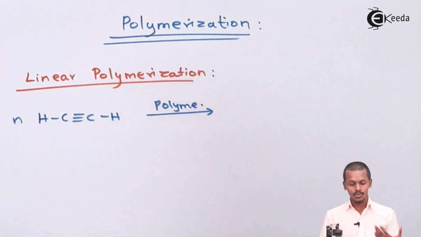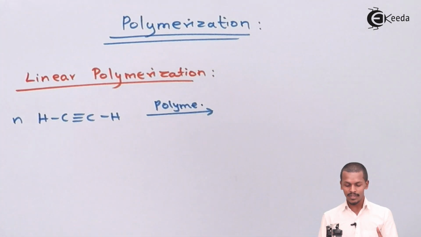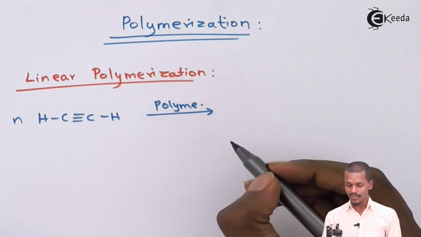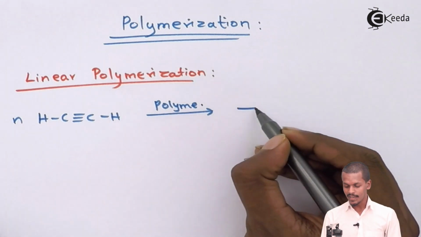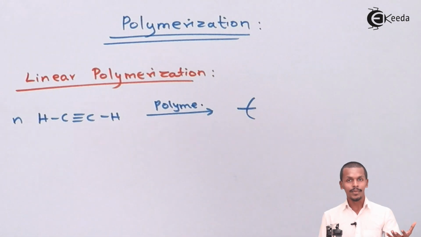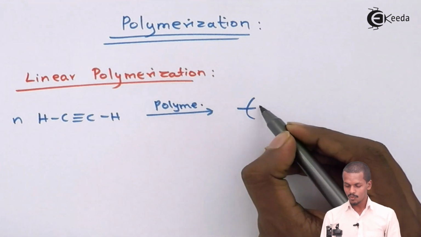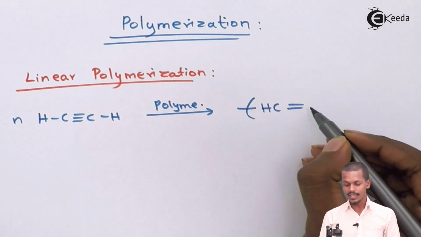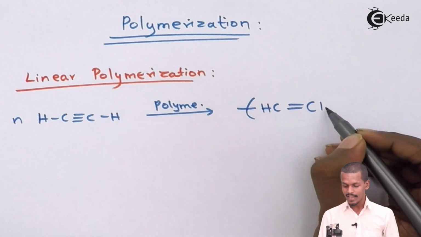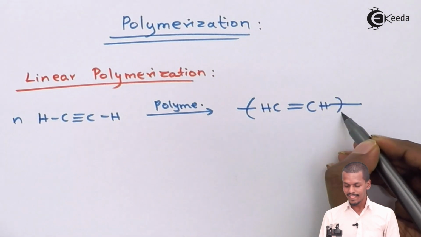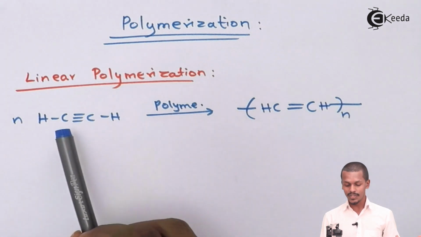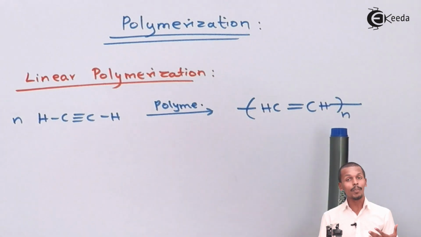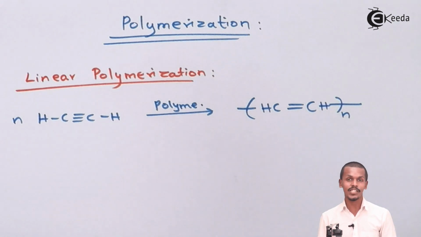The molecule that would be formed would be in this manner, where we could see that the double bond would be broken, and that's the reason we could write the overall polymer in this form, that is HC double bond CH, n times. So this is a monomer that we took, and a combination of various monomers makes this a polymer.